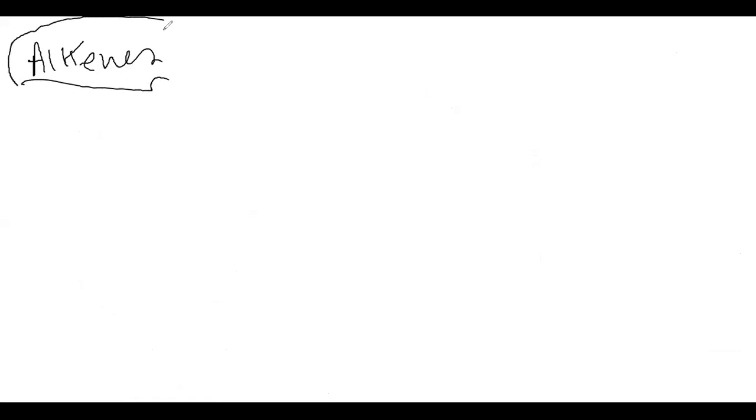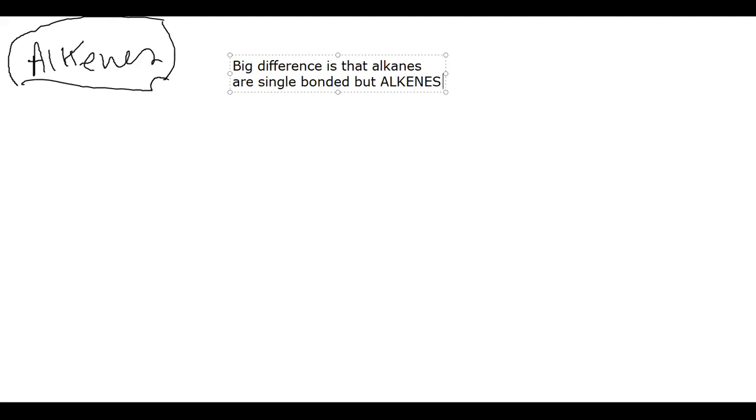So the big difference between alkanes and alkenes is that alkanes are single bonded, but alkenes are double bonded. We call this double bonded unsaturated.